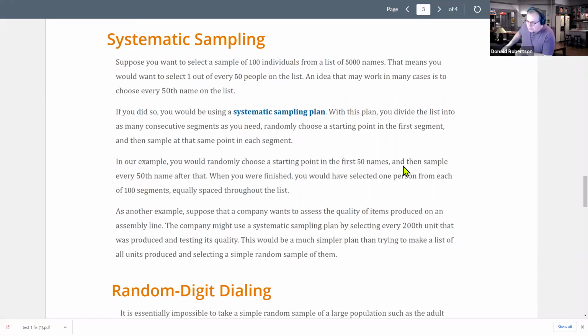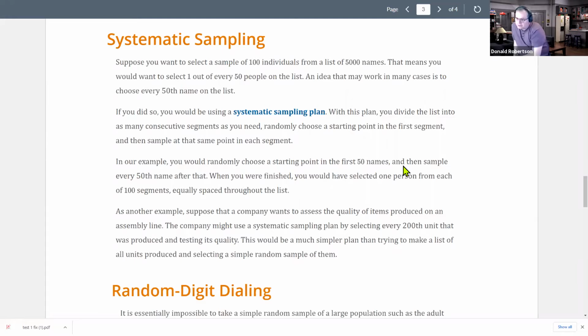You're not randomly picking. You've got kind of an order to do it in. If I wanted to do a systematic sample of everybody in this class, couldn't I just assign you alphabetically number 1 to number 27, right?